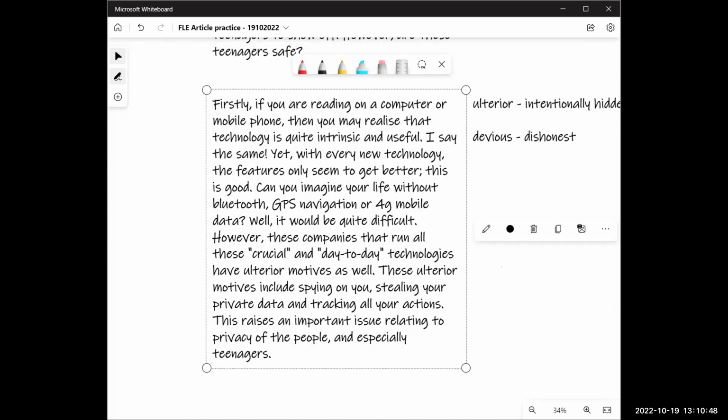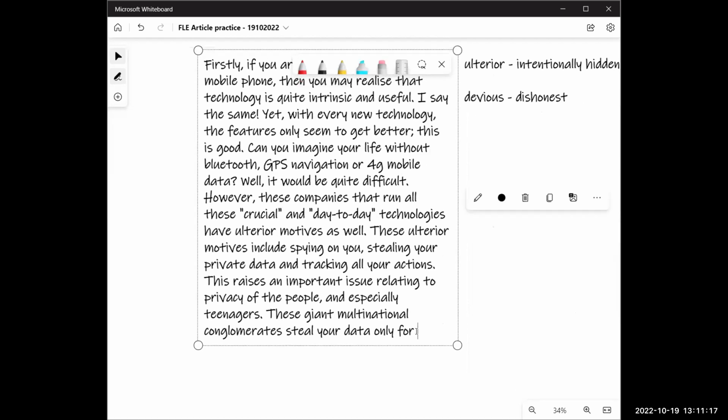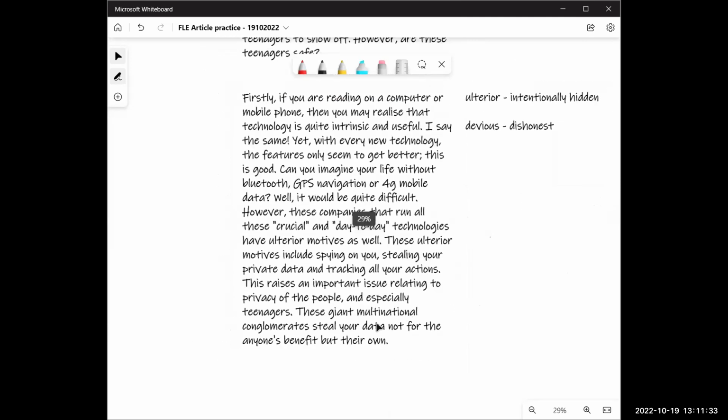Fine. Now these companies, these giant multinational empires, let's say conglomerates, steal your data not for anyone's benefit, but their own. Any questions over here?